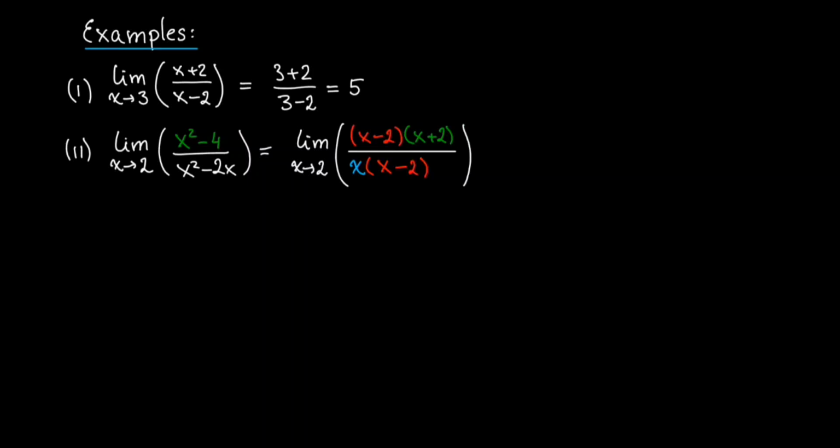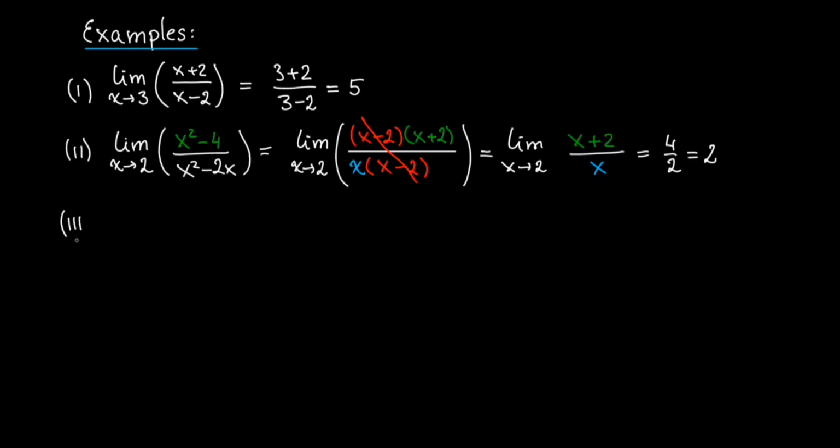Now you can probably see there is x minus 2 in both the numerator and the denominator, which means we can simply cancel them out. So now we have simplified it to the limit as x approaches 2 of the function (x + 2) over x. And now plugging in 2, we would simply get 4 divided by 2, which is equal to 2.